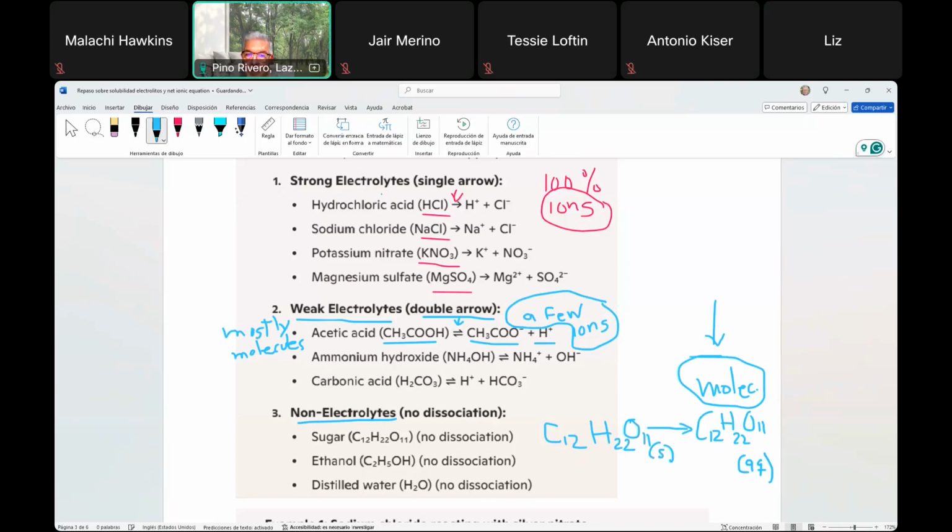Yes, only one arrow, but look, the difference here is solid, and here in AQ, in water solution. But they are in form of the molecules. Got it? They don't conduct electricity because they are molecules. All right?